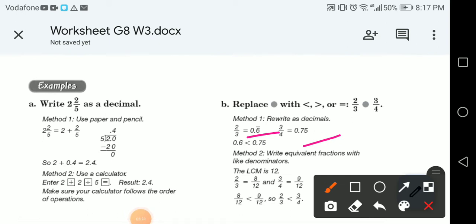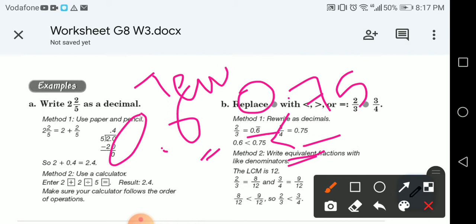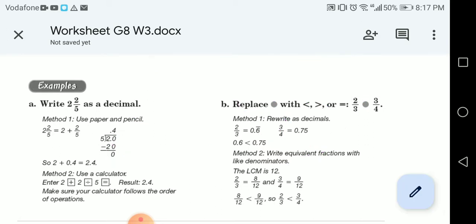So what's the relation here? 0.6 is less than 0.75. I'm comparing this one and this one, the 10th place value, and this is also the 10th place value. 7 is greater than 6; however, 6 is repeated, it doesn't matter.